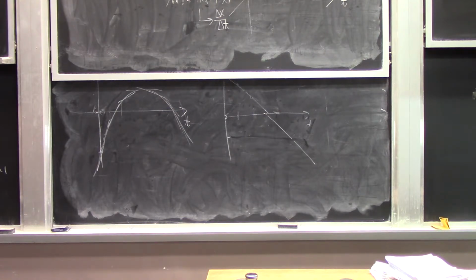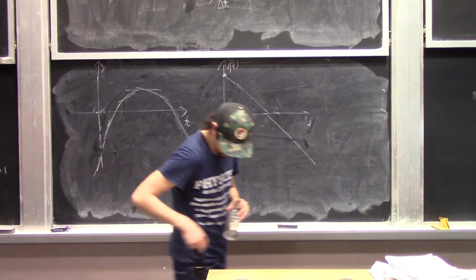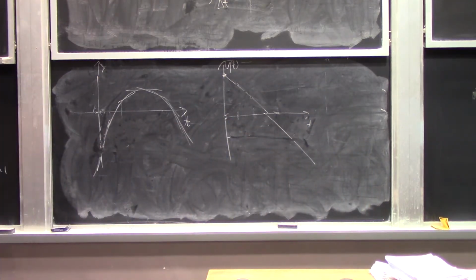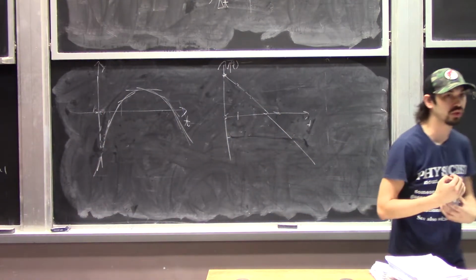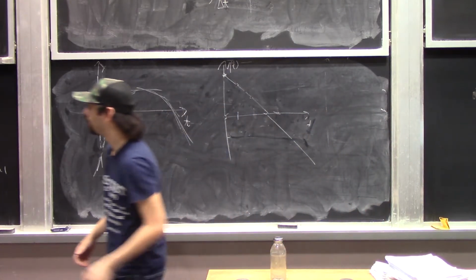Now we're getting into some more numerical problems. We want to read off what the velocity is at time t equal to 1 second if we have this position versus time plot. Go ahead and take a minute to look at this one. Let's talk about this one. We're doing exactly the same thing we have been doing, only now instead of doing it qualitatively or in terms of plots, we want to apply some numbers to these situations.